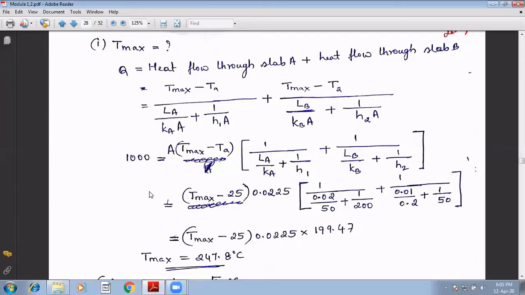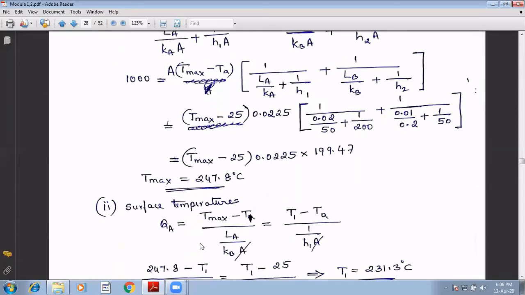You need to equate it to the Q value, that is 1000 watt given. So the only unknown is T max. If you calculate, it comes out to be 247.8 degrees Celsius.